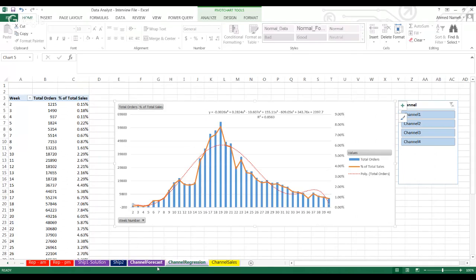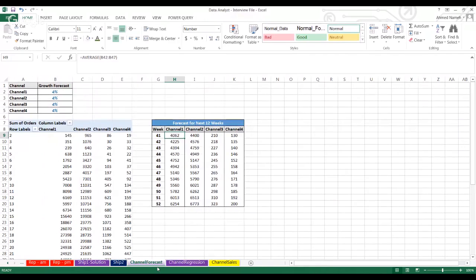So to start off, channel one, what I did here is I made week 41, so these are the remaining 12 weeks of the year essentially. The first of which is an average of the 6 prior weeks of data.